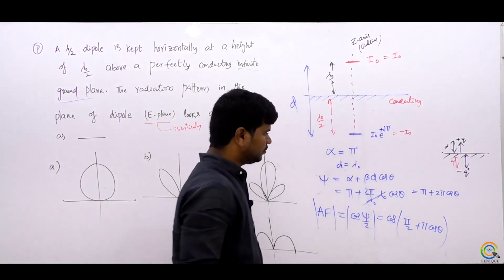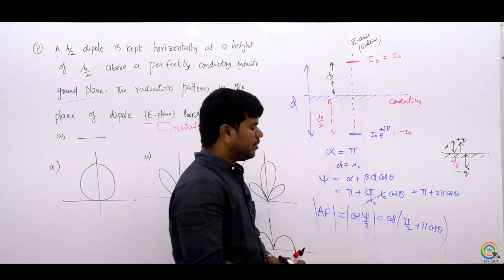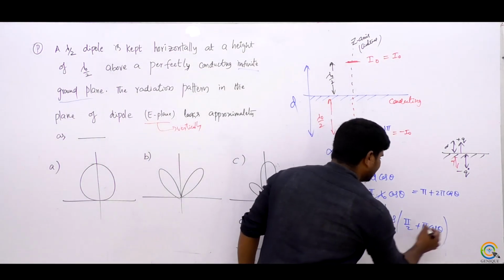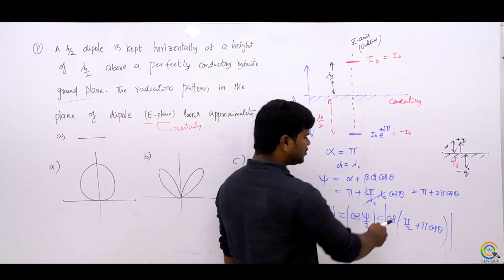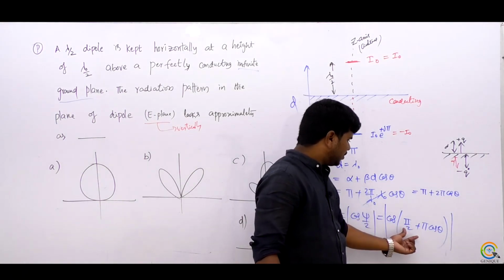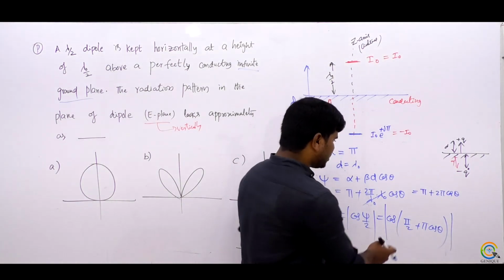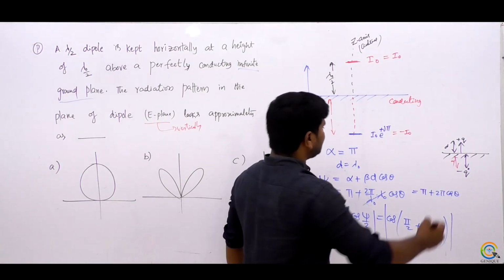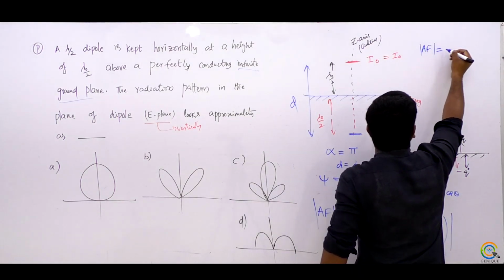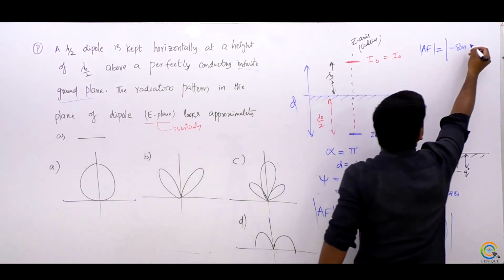This is cos of 90 plus theta, so AF equals mod of minus sine theta.